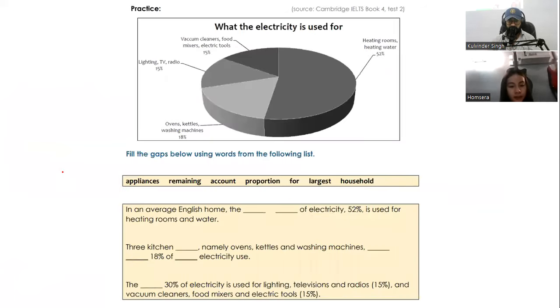Now, if you have to give me an overview, what are you going to give for this particular pie chart? If it's just a single word, it would be the heating room. I want the entire sentence. I'm not talking about the introduction right now, I want the overview.